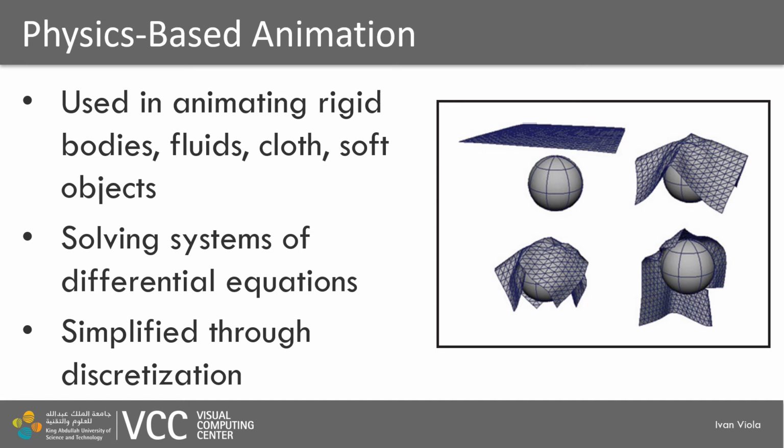Another category of animation is one which uses forces. So remember I told you at the beginning of the kinematics that the kinematics are not based on forces. It is an animation which uses a description of the change of certain values of joints and positions, but it doesn't work with forces.